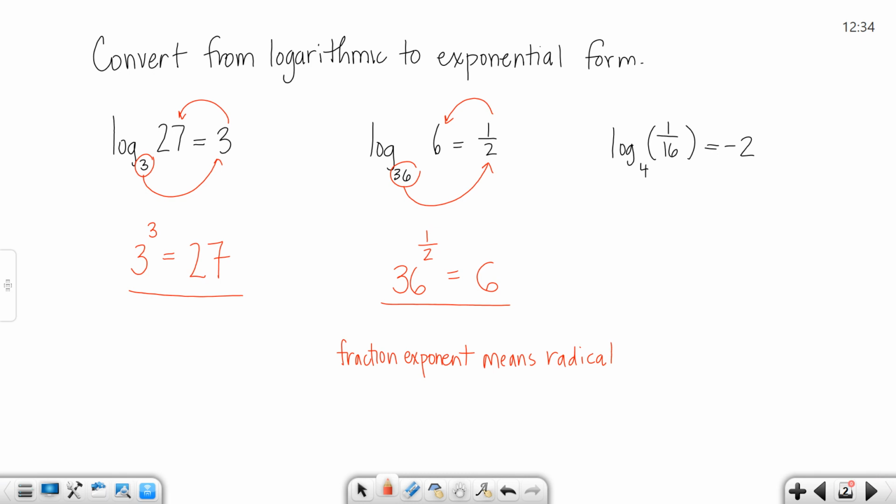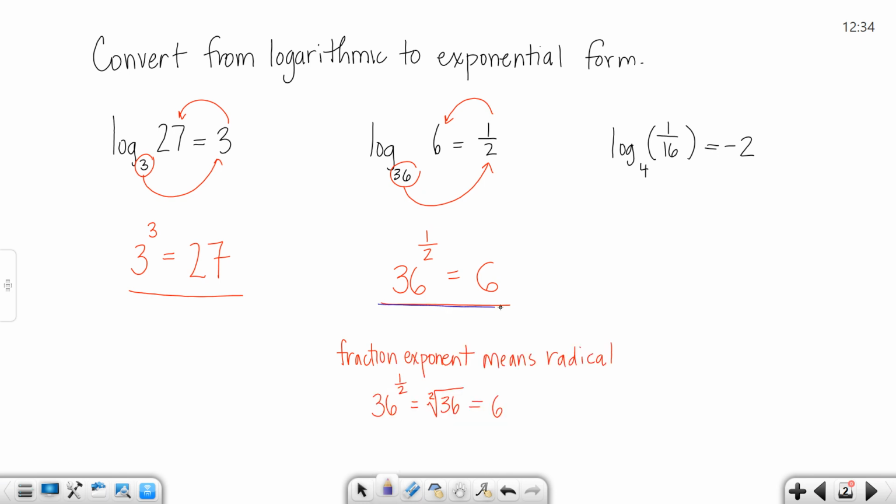So in order to check this, what you have to remember is that 36 to the 1/2 is actually the square root, there's where the 2 goes, of 36. And the square root of 36 is 6, so that does check that answer.